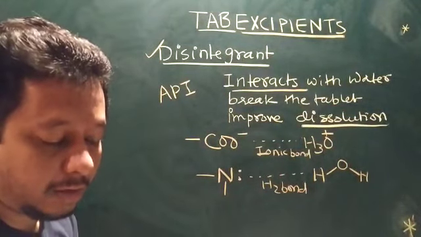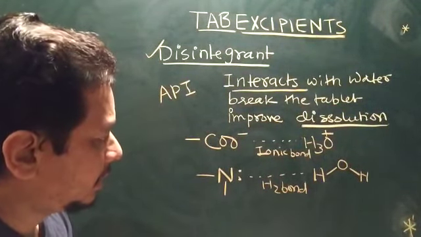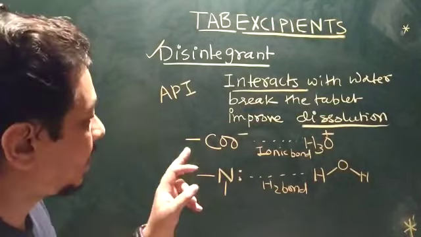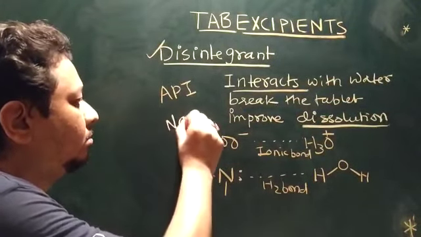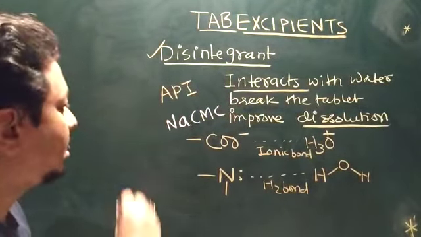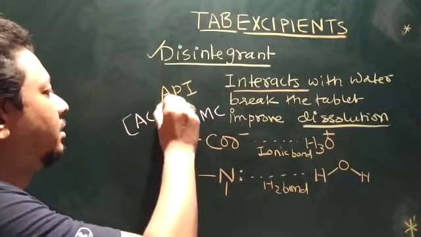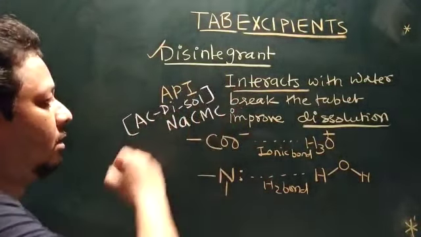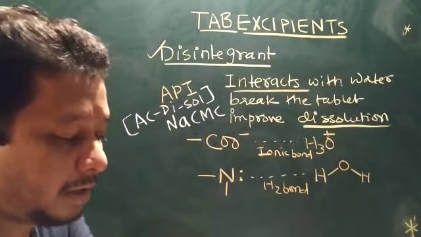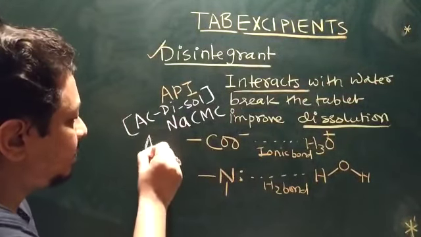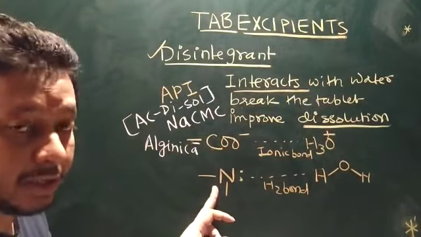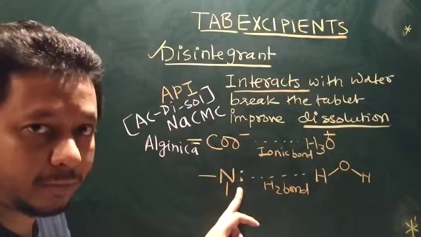Okay, so now the very important thing is the examples. We have a disintegrant which contains carboxylic acid, that is sodium carboxymethyl cellulose, sodium CMC, whose famous brand name is Ac-Di-Sol. Along with this you have other ingredients which contain carboxylic acid, like alginic acid. Then nitrogen is very good for the formation of hydrogen bonding. Why?